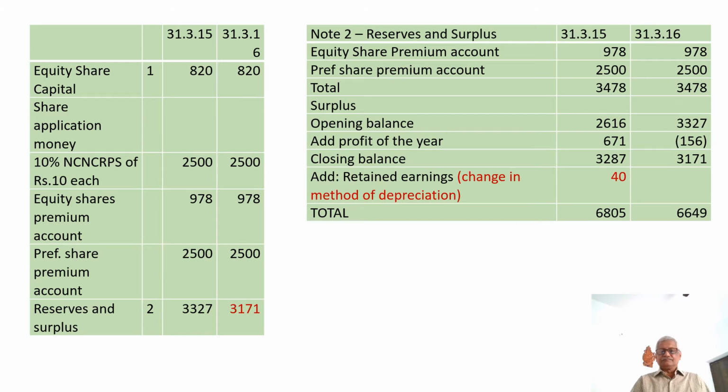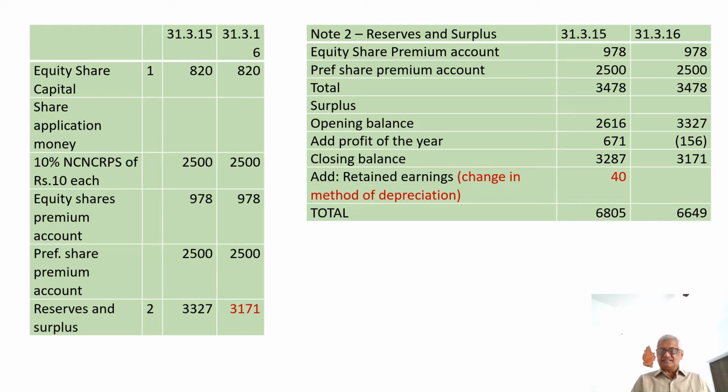Moving on further, here we give the details of the reserves and surplus. If you see the right hand side details, you will see there is a share premium account of 9 crore 78 lakhs and the preference share premium account of 25 crore, making the total share premium account 34 crore 78 lakhs.